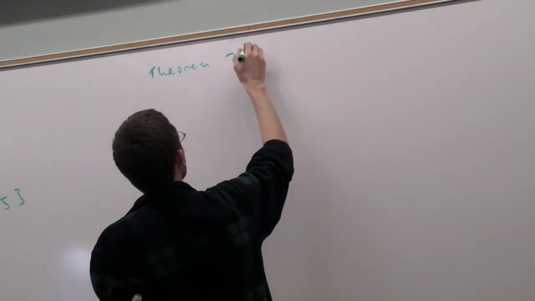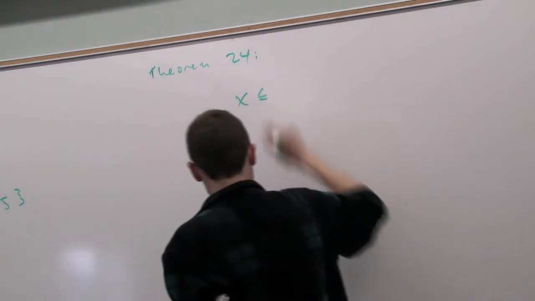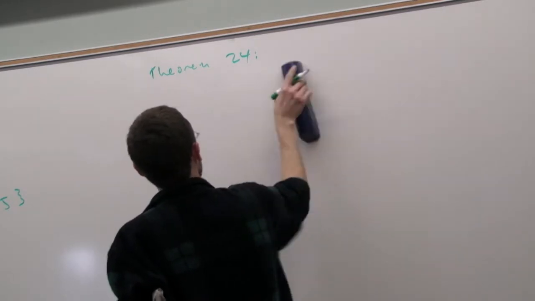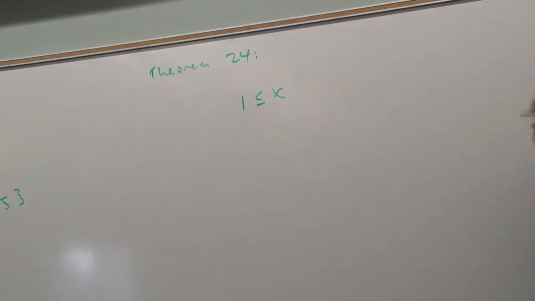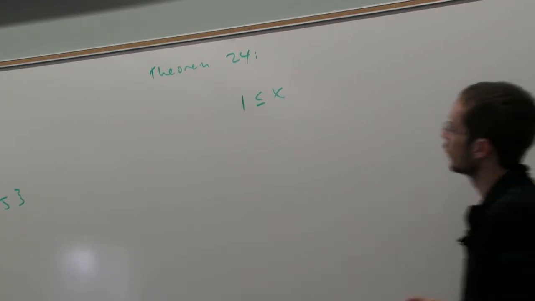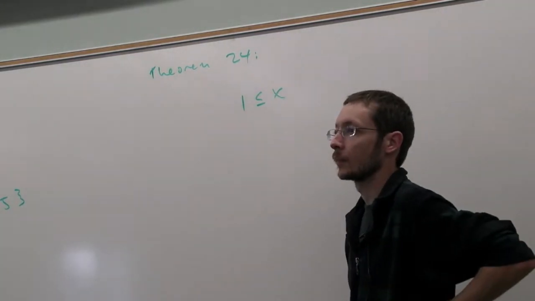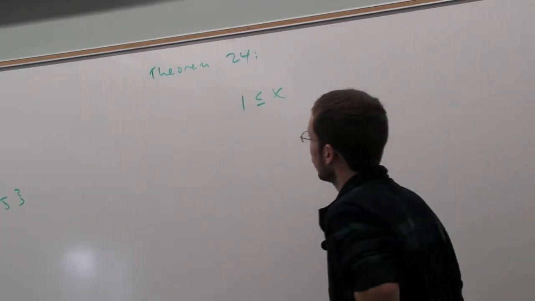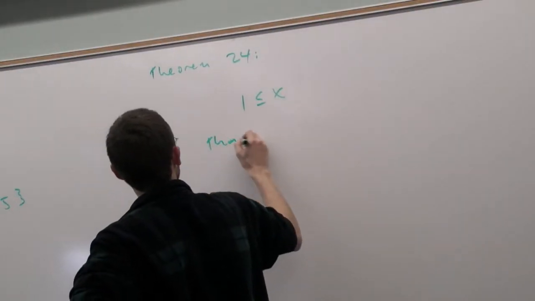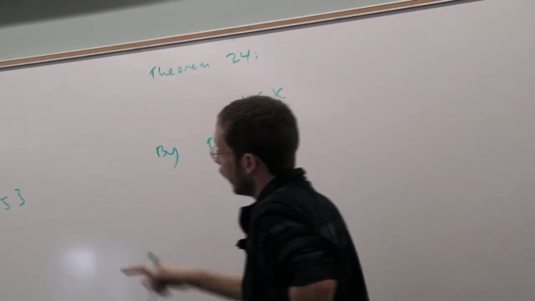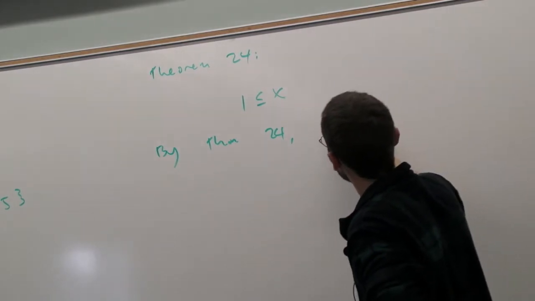There we go, Theorem 24: 1 is less than or equal to x, no matter what x is. So what we notice is that by Theorem 24, M will always include 1.